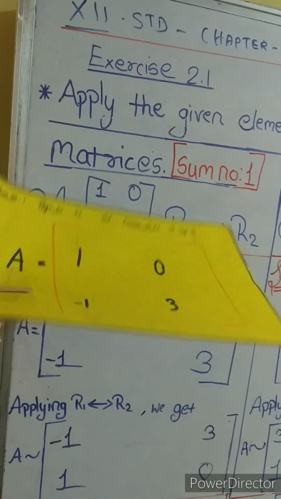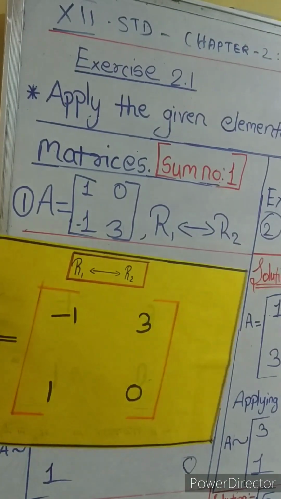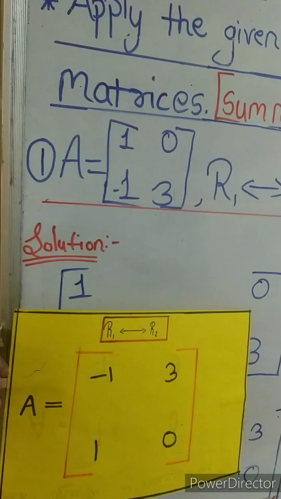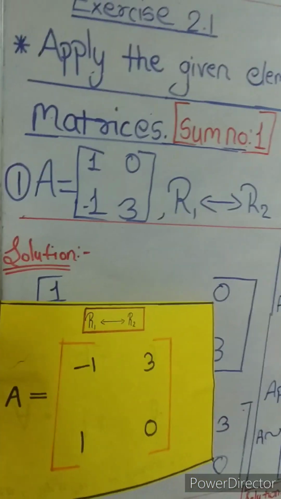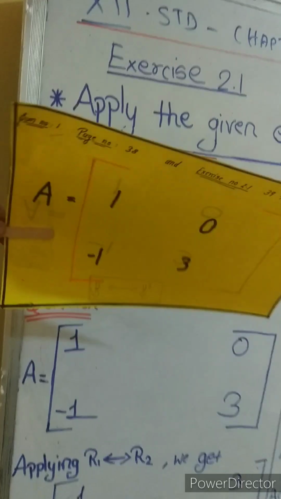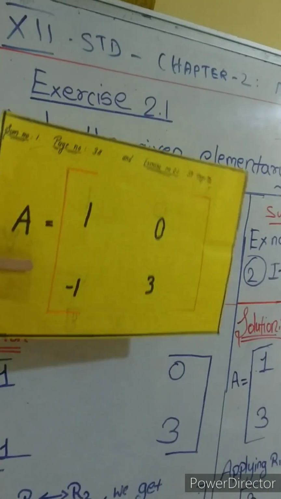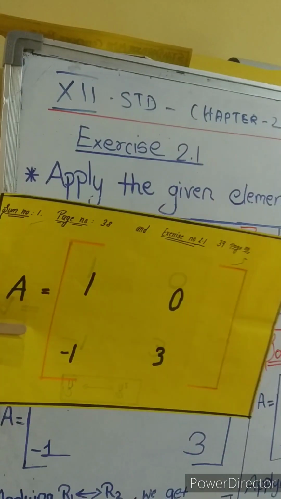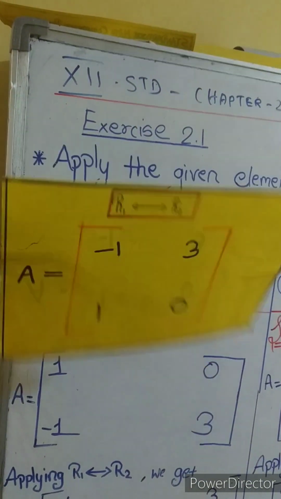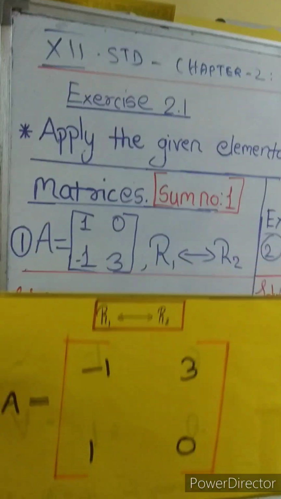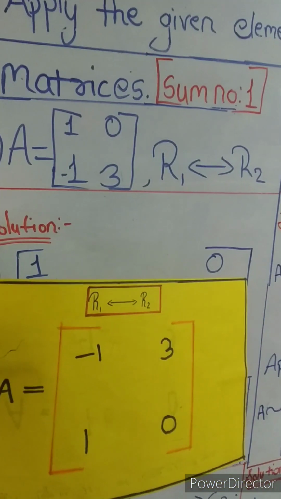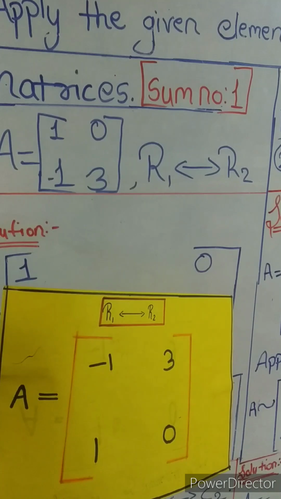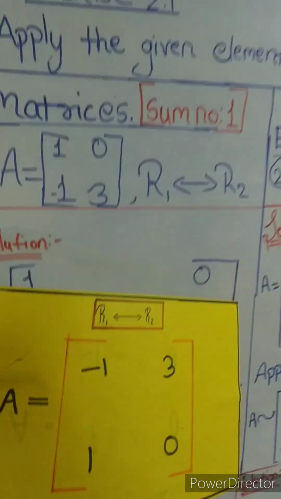You can just shift R1 and R2 here. One more time I have explained. This is the first question. You just have to rotate the chart like that. So elementary transformation R1 to R2, A equals [-1, 3; 1, 0].